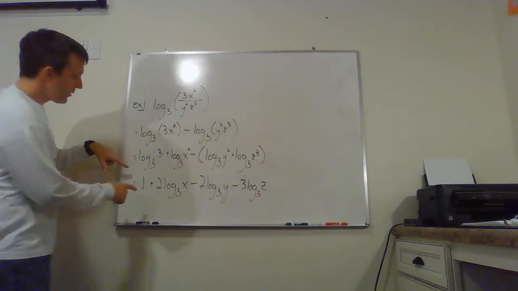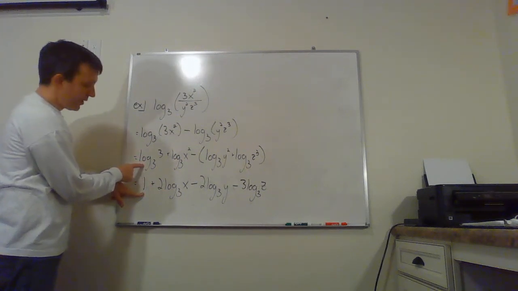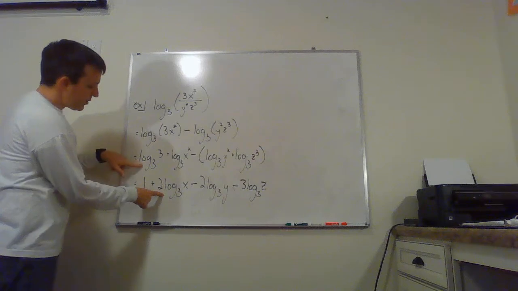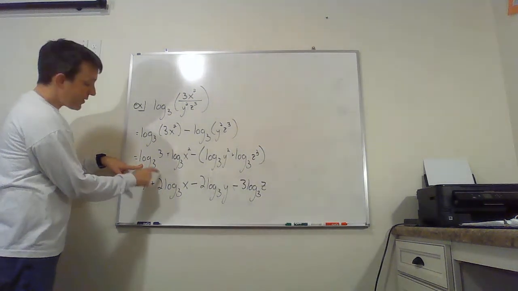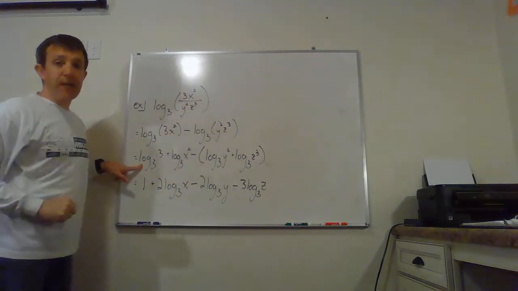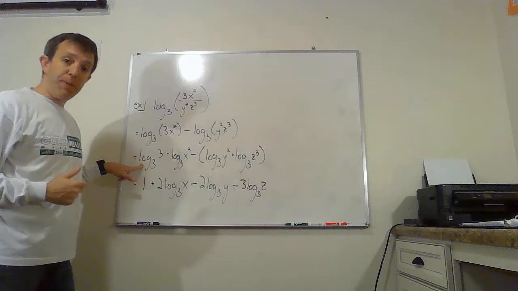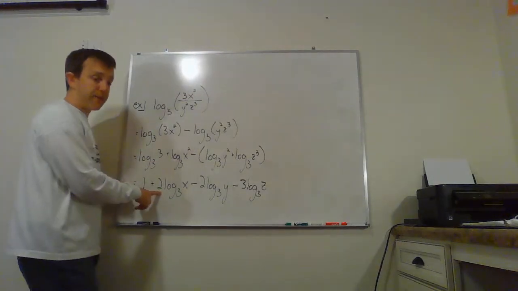What I really want you to notice is this. These two pieces, really pay attention to this one here because it's a little easier to see it. These two pieces are both positive. The things on the inside of them, the 3 and the x, were the pieces on the top of the fraction. They're both positive, right? This is a positive 1, this is a positive 2 log 3 x.